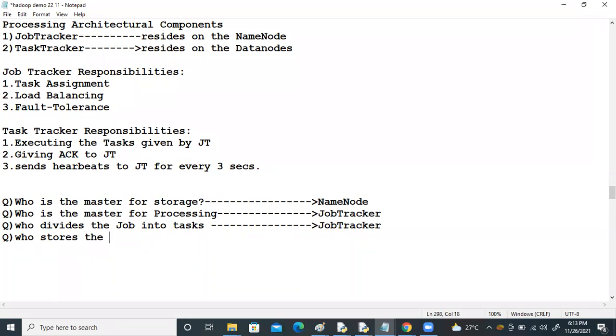Who stores the data blocks in the slaves?